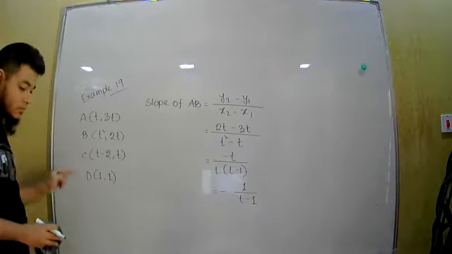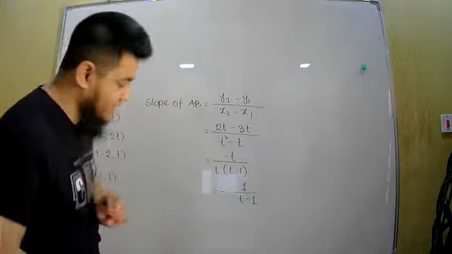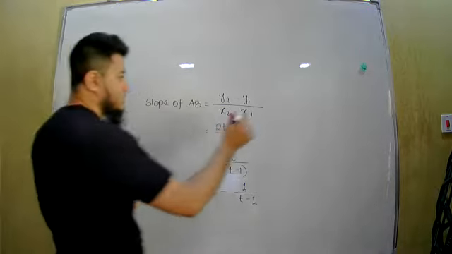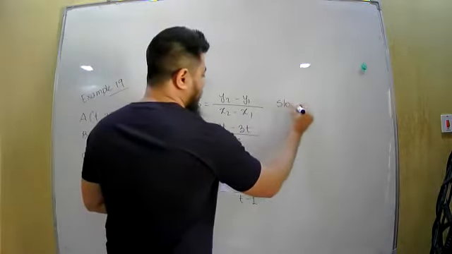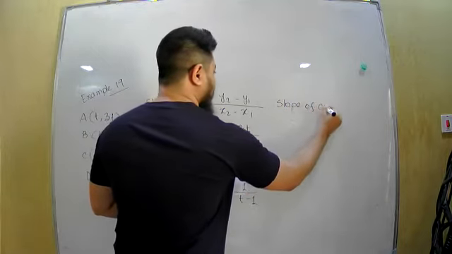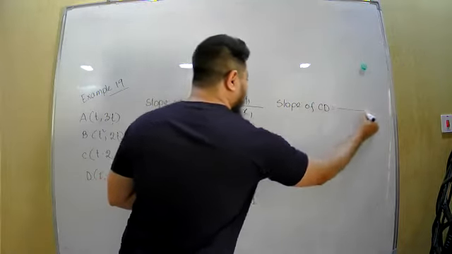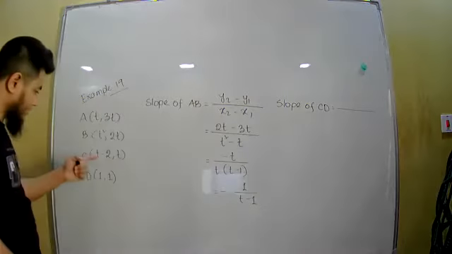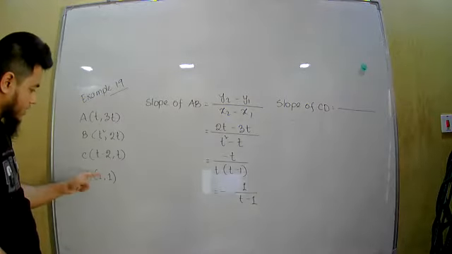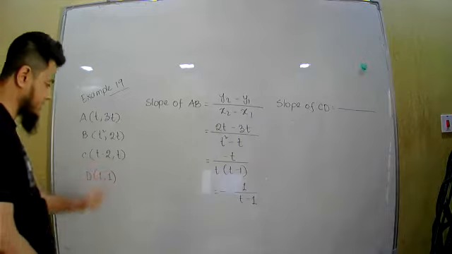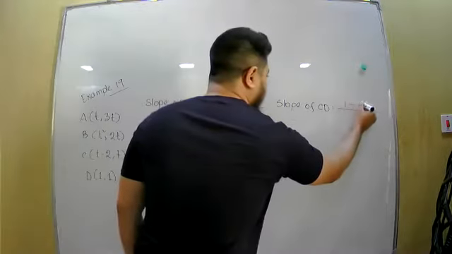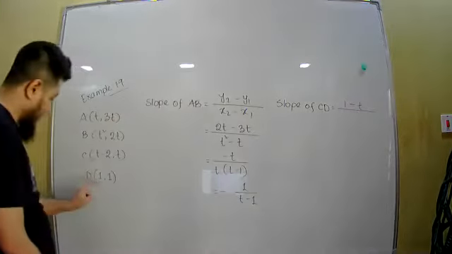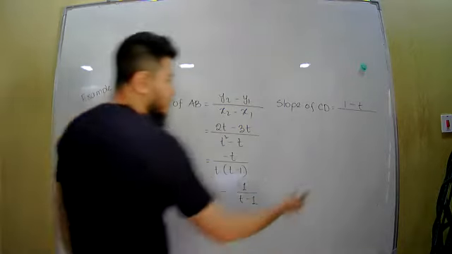Now we need to find the slope of CD because we said AB and CD are parallel. So AB done. Now CD. Slope of CD is equal to x1, y1, x2, y2. So according to that, y2 minus y1, 1 minus t, then 1 minus t minus 2.